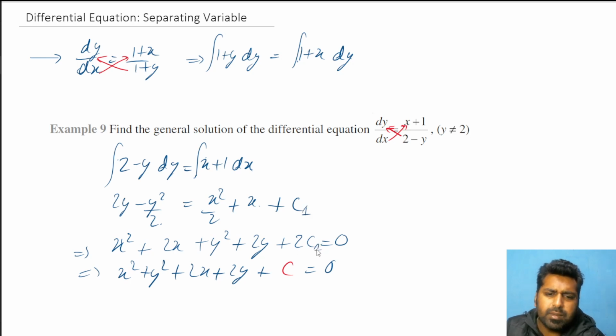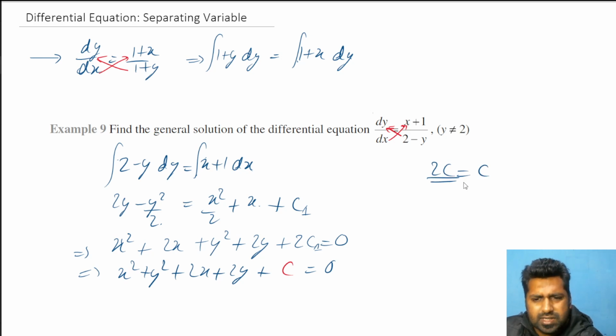So 2 multiplied by a constant is another constant. Actually 2 multiplied by c is also c. Why is that? Because this is 2 into some constant which results in another constant. So if you want to avoid the confusion, what you can do is the constant that you have already introduced, call that c1, and then 2c1 is actually your new constant c.